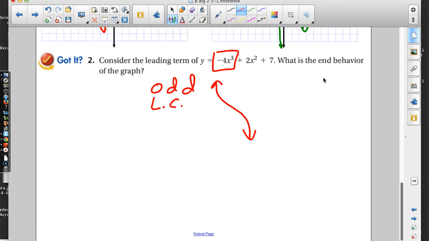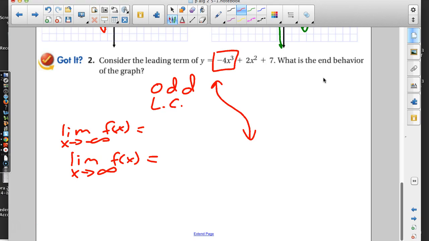Now we can write our end behavior. Limit as x approaches negative infinity, f of x equals, limit as x approaches infinity, f of x equals. Think of an imaginary little dot right there in the middle.